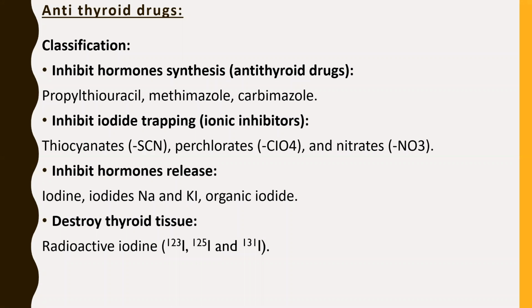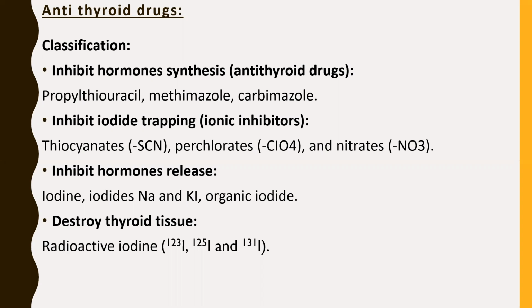Antithyroid drugs. Classification: inhibit hormone synthesis. First is propylthiouracil, methimazole, carbimazole. Second, inhibit iodide uptake, trapping. Ionic inhibitors: first drug is thiocyanate, perchlorates and nitrates.